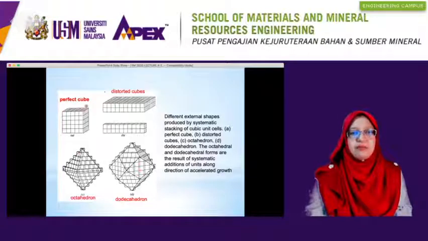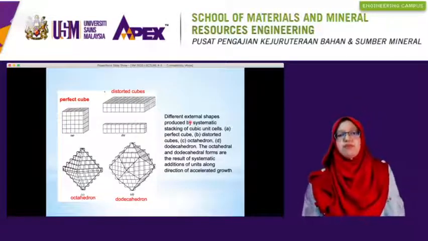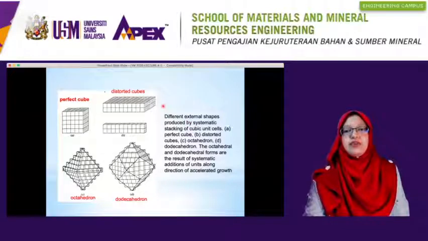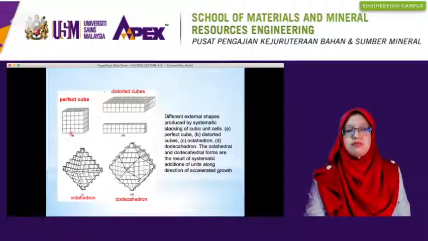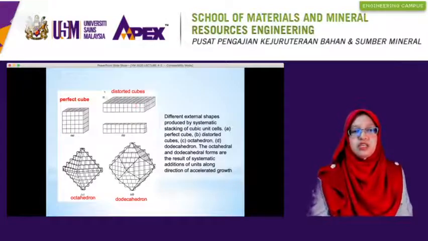For example, we have a perfect cube here and a distorted cube here. You can see the different external shapes produced by systematic stacking of cubic unit cells. So you get a perfect cube and a distorted cube because some parts of the cubes are missing. That's why it gives you distorted cubes compared to this one. This one is a perfect cube.